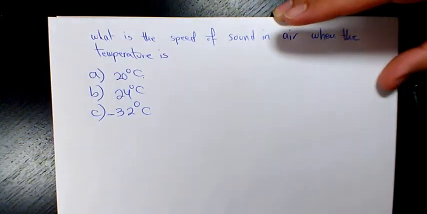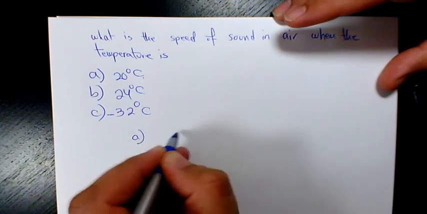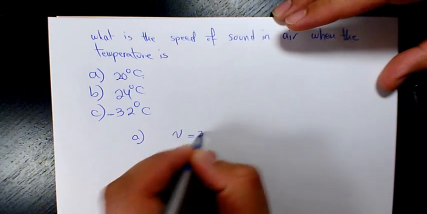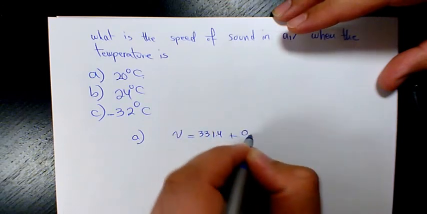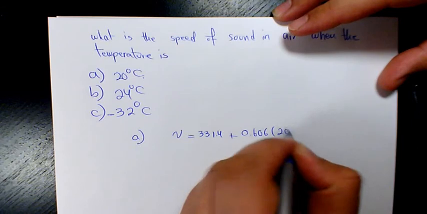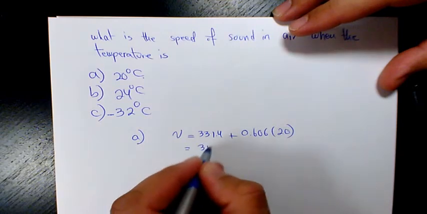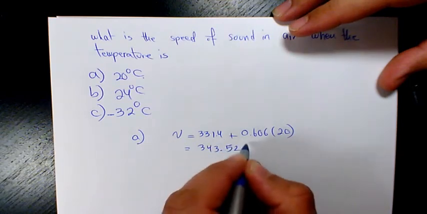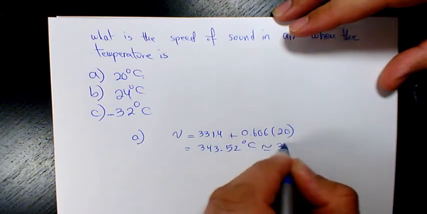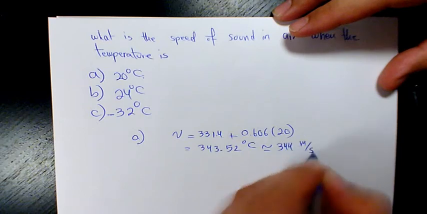So A is going to be V equals 331.4 plus 0.606 times 20. That's going to be 343.52 meters per second, which is going to be 344 meters per second.